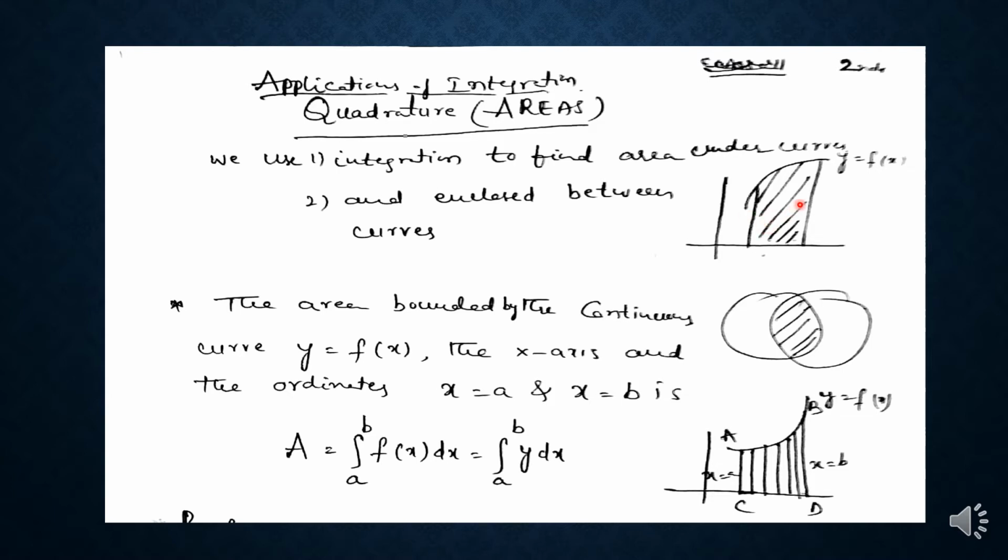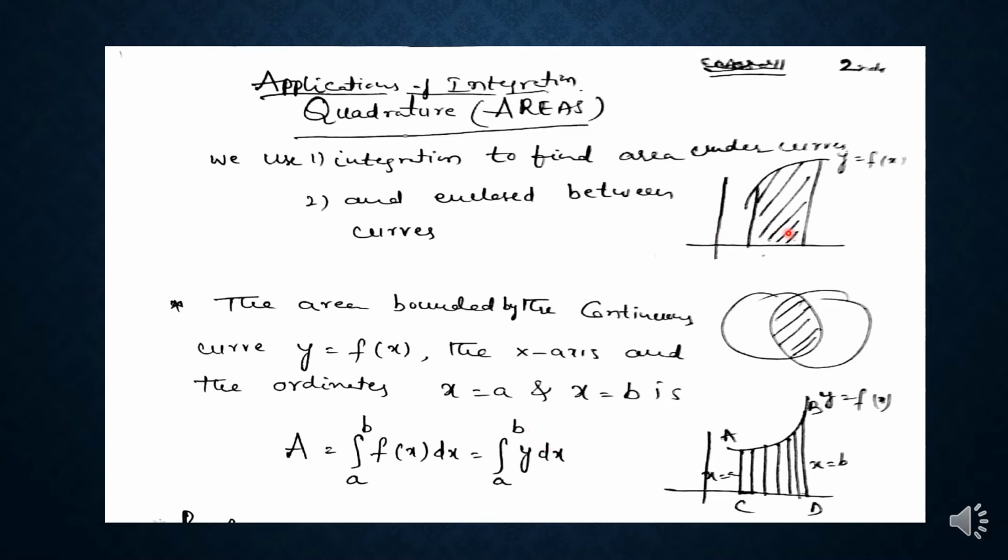Here we see the shaded area. It is not such a perfect shape that we can apply a mathematical formula directly. To find the areas bounded by curves, we can use integral calculus, the definite integrals.